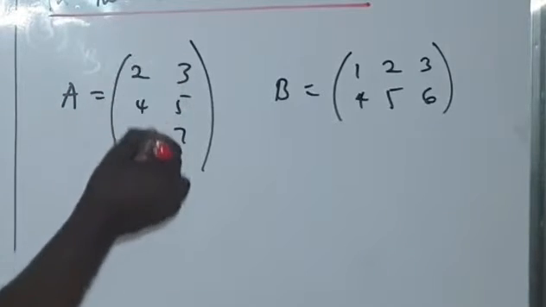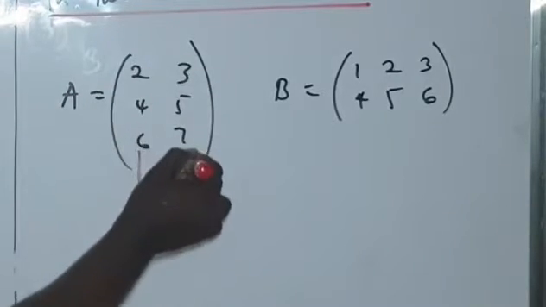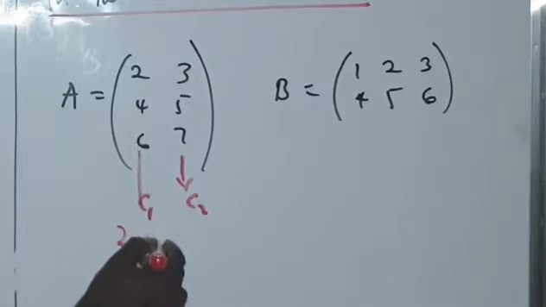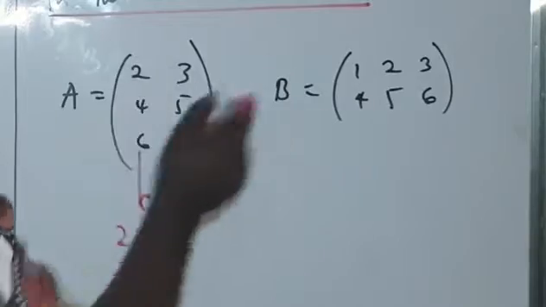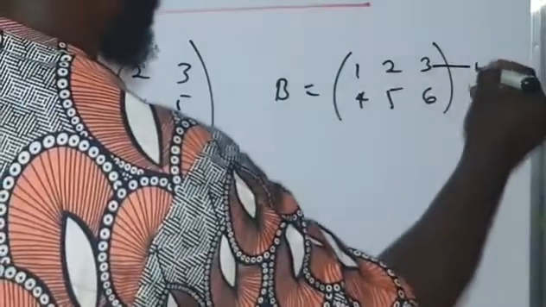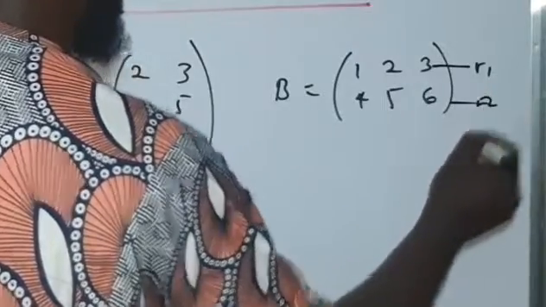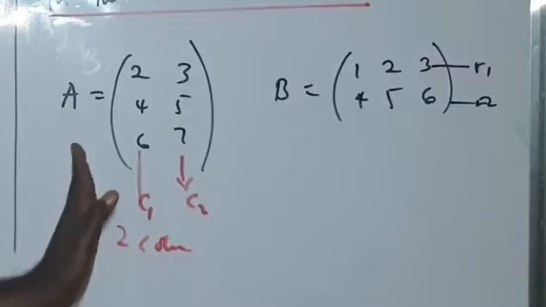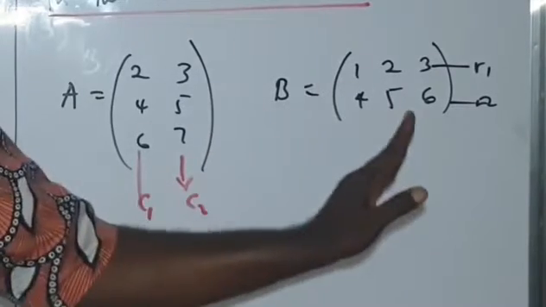This is column 1, this is column 2, which means it has 2 columns. What about this one? How many rows do we have there? It has row 1, row 2. It also has 2 rows. So it is possible for us to multiply this by this.